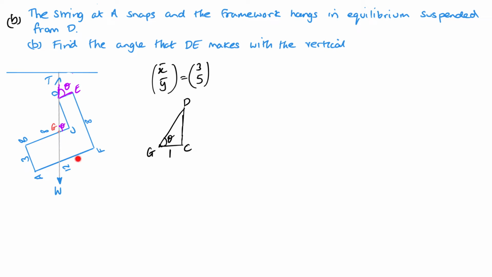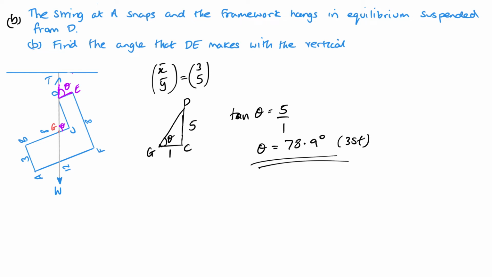Then this distance here is 3, but this total distance is 8, so this is 5. We did have that written on a previous one. So we get tan theta is 5/1, and that gives me 78.9 degrees to 3 significant figures.